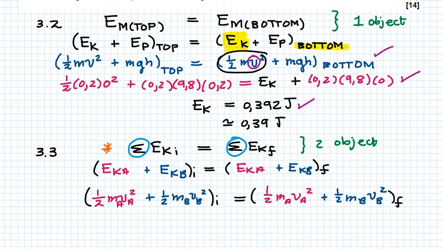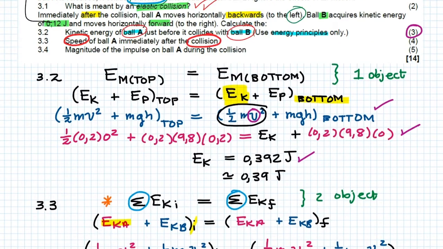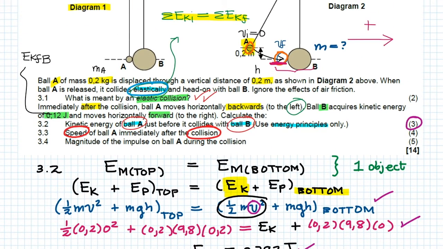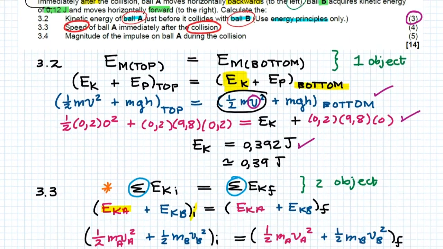Well, firstly, in the previous question, we found the kinetic energy of ball A as it hits ball B. After ball A swings down, it has a certain amount of kinetic energy. This is the kinetic energy with which ball A is going to collide with ball B. So for this second part of the motion, that is the initial kinetic energy.